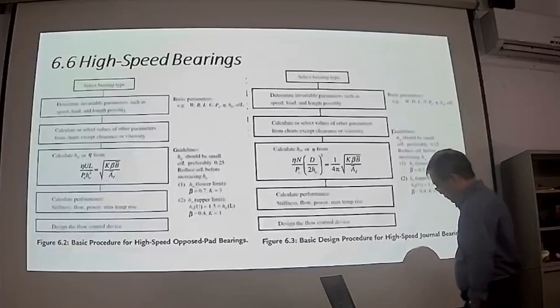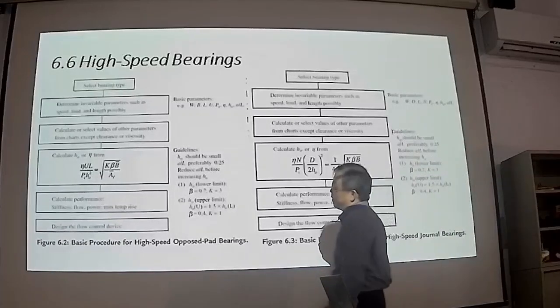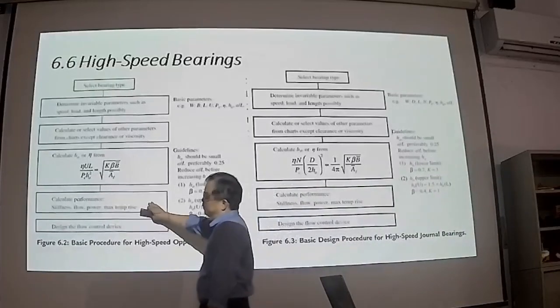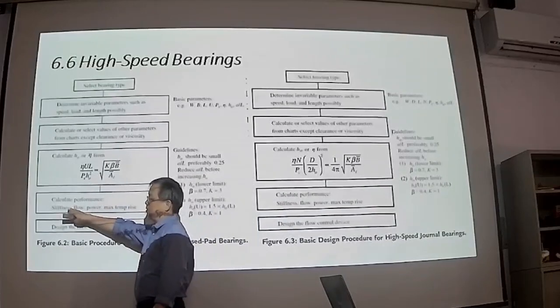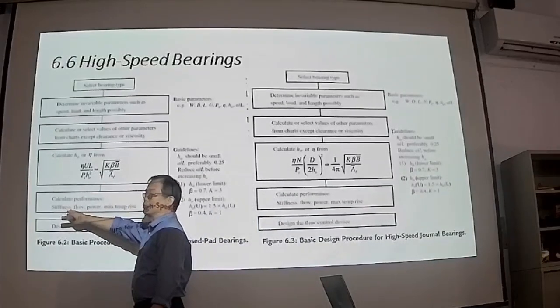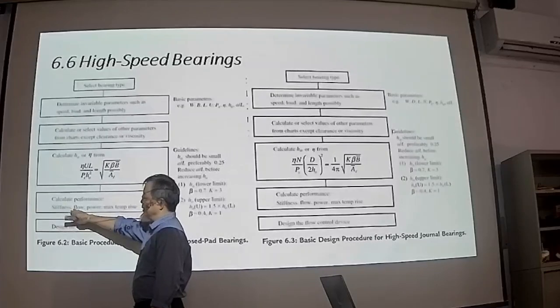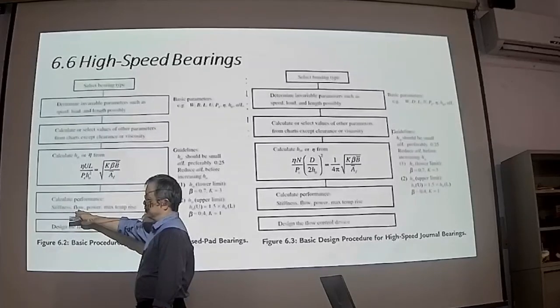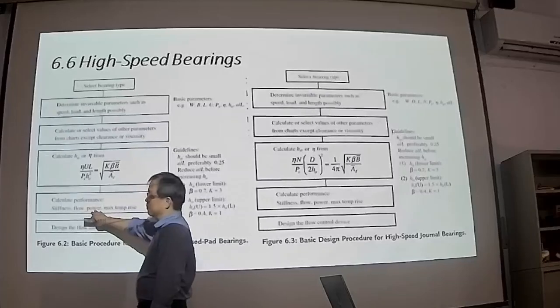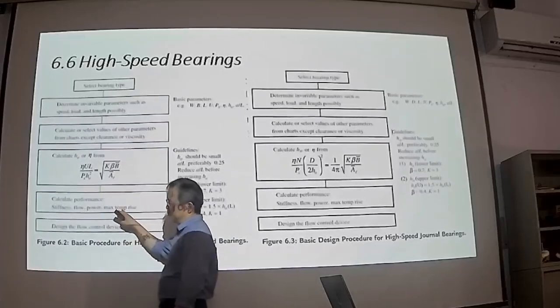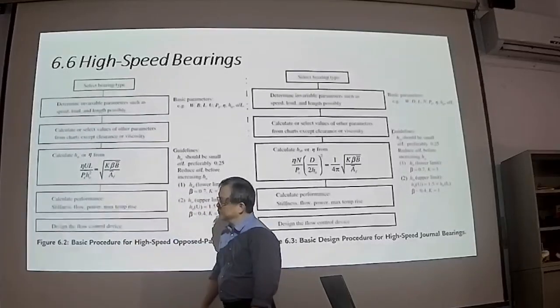And step 5 is to calculate the bearing performance. See if the thickness is suitable for your application or not. And then you can calculate the volume flow rate of your bearing and the total power for the bearing and maximum temperature rise for the bearing.